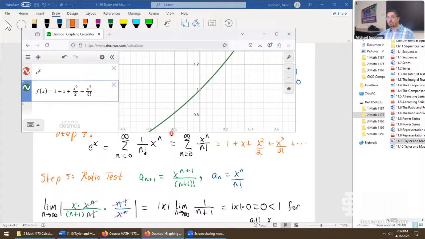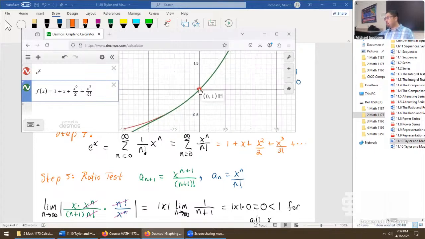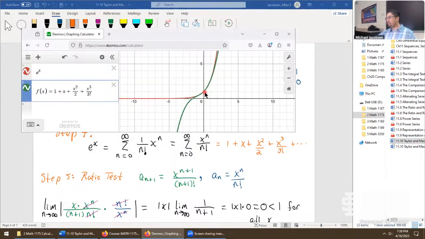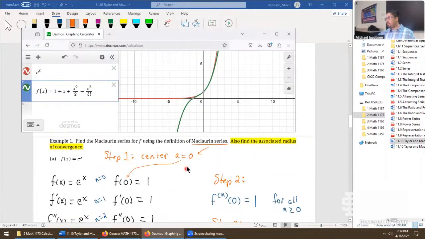And now it looks like in this range, we have an excellent approximation. Zoom out, though, and you start to see the problems. It doesn't work forever, right? We can't put in infinitely many terms to make this accurate for all real numbers. The trouble with our approximation on this one was we centered it at 0. And that might be okay if we want to calculate, say, f at maybe 0.1.